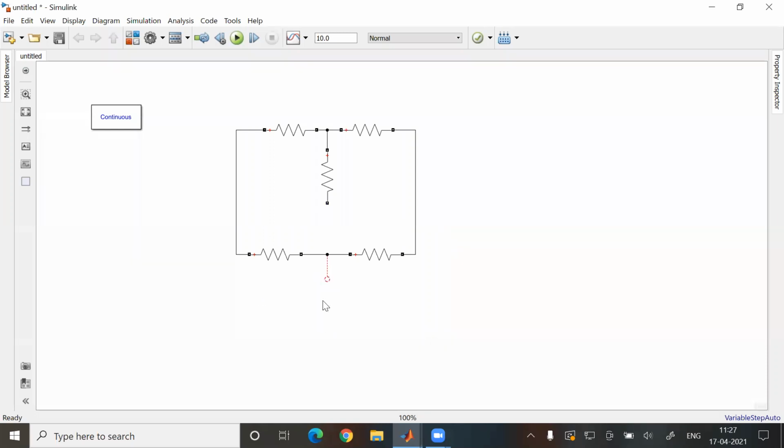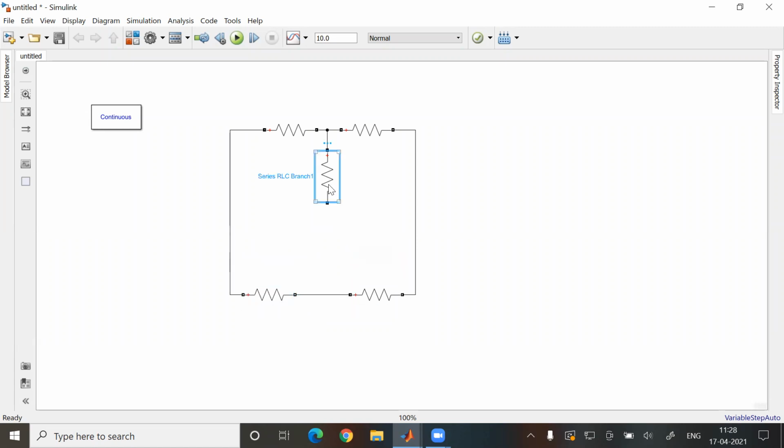Let's do it another way. Right, now it is okay. We have connected this one.